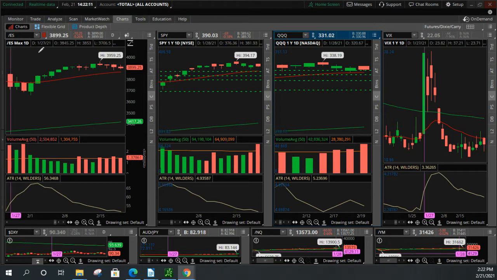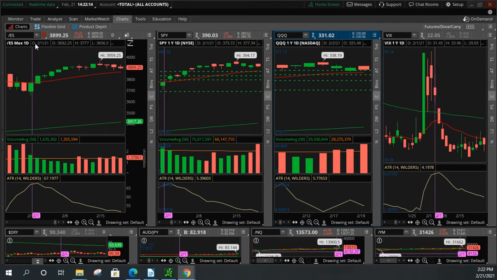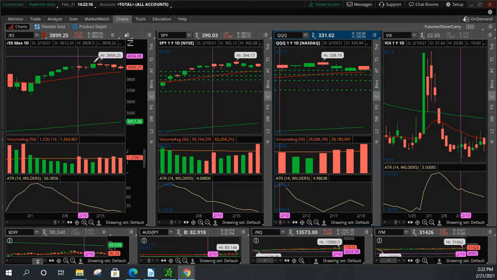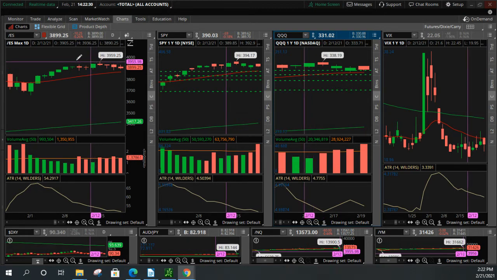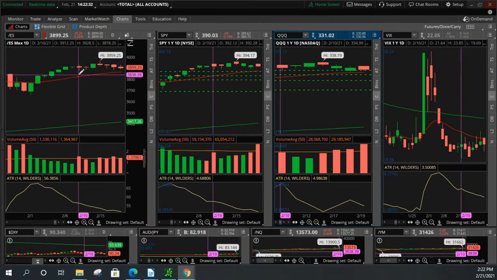You want to look at this market first because it tells you where the market may move, either up or down, during the cash session. The ES is traded 23 and a half hours a day, 5 days a week, all the time. So this is always good to look at to give you that market direction or market sentiment when you're trying to figure out where the market is going to move.